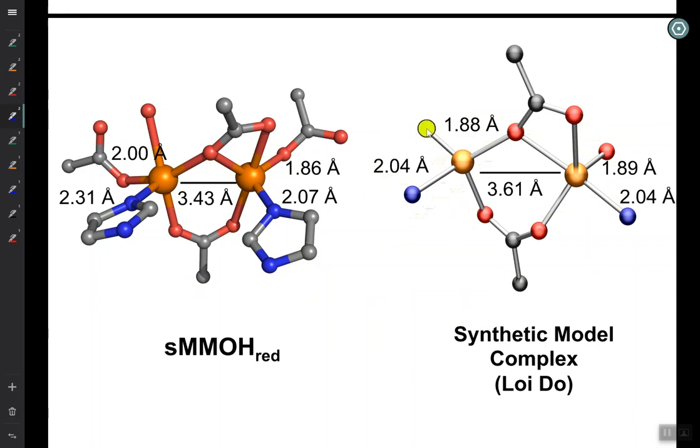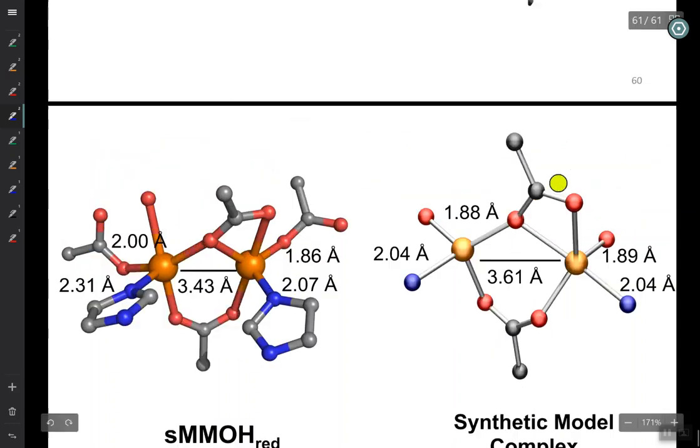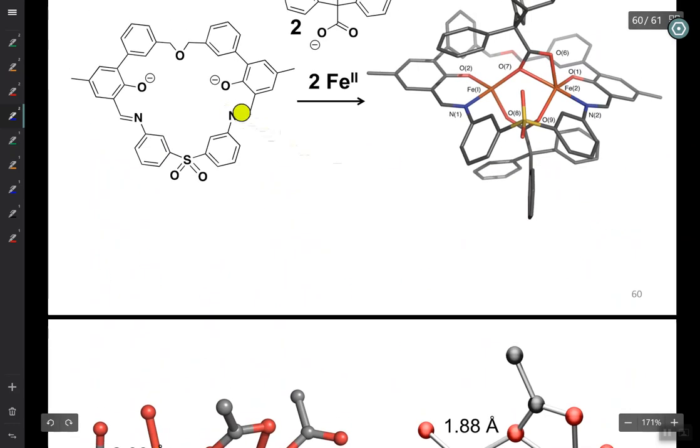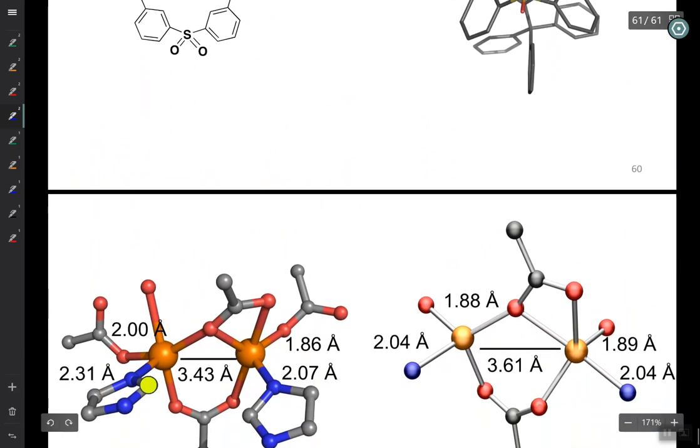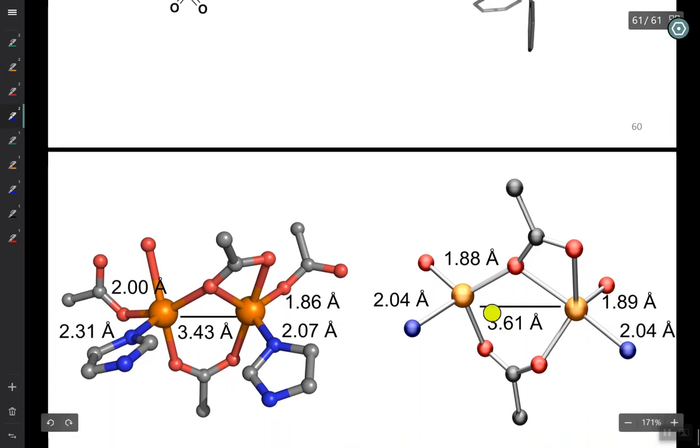Because these oxygen donors over here and over here are actually phenolates, and they're not carboxylate groups, so it's not exactly like the protein. In addition, the nitrogen donors here are imines, and imines chemically, even though they have a nitrogen donor, are very different than imidazole-type nitrogen donors. And there are differences in bond distances and bond angles, right?